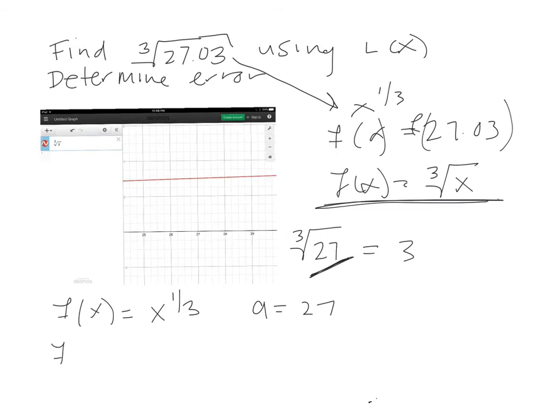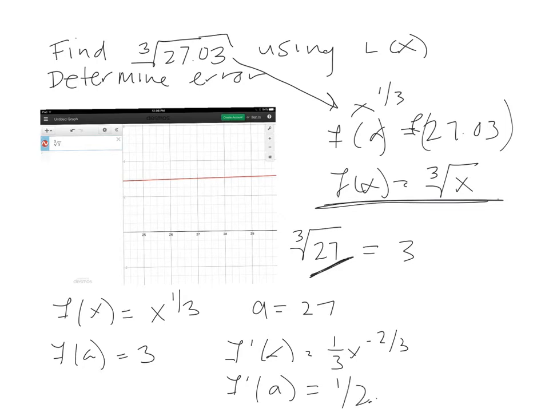So that f of a is 3, and that f prime of x is 1/3 x to the negative 2/3, and that f prime of a, or 27, I have in my notes as 1/27, and I'll let you check that as you will. Cube root of 27 would be 3, 3 squared is 9, 3 times 9 is 27, so that makes sense.